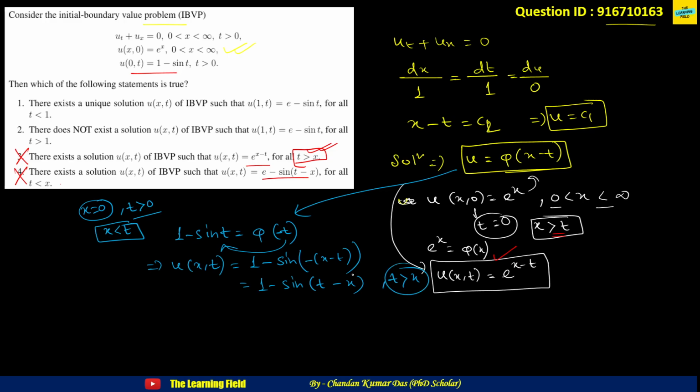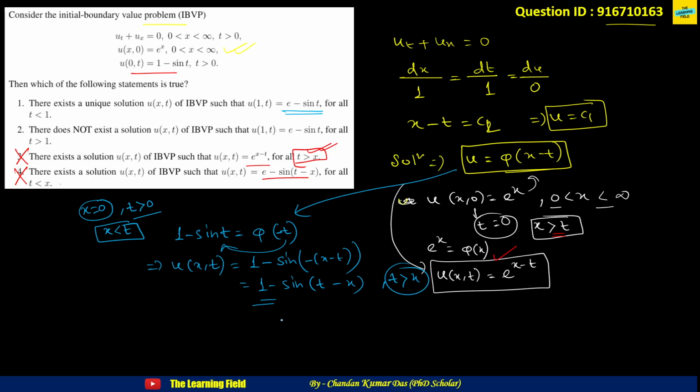Now, what is given here is that for t greater than 1 there exists a unique solution, but there is no exponential form in this case. A form of 1 minus sine is given.